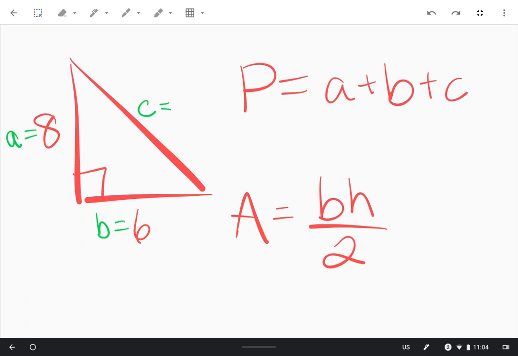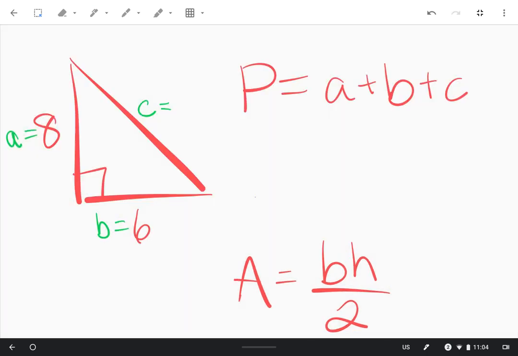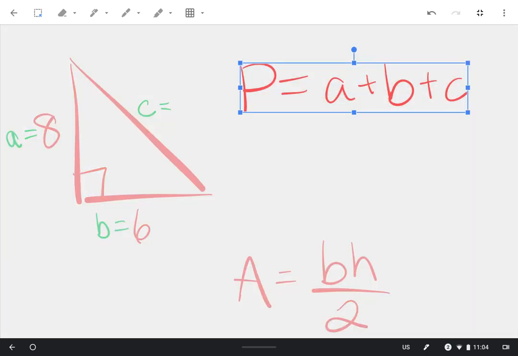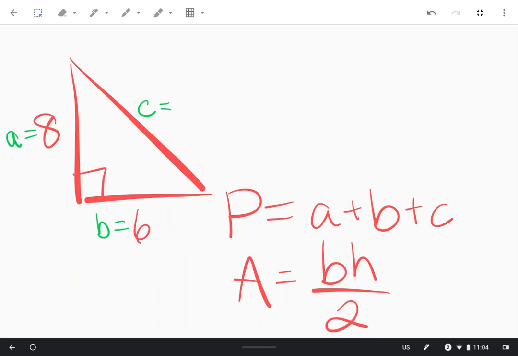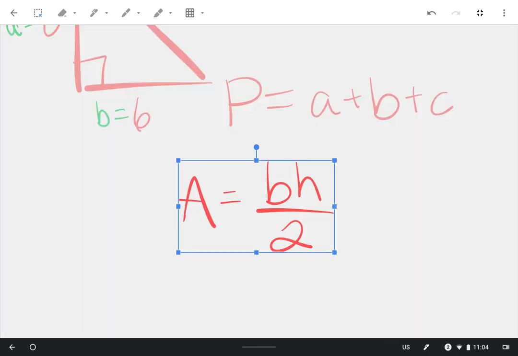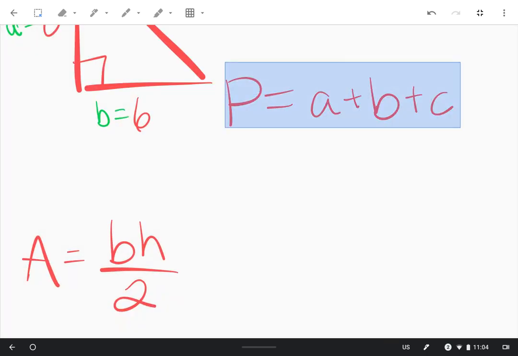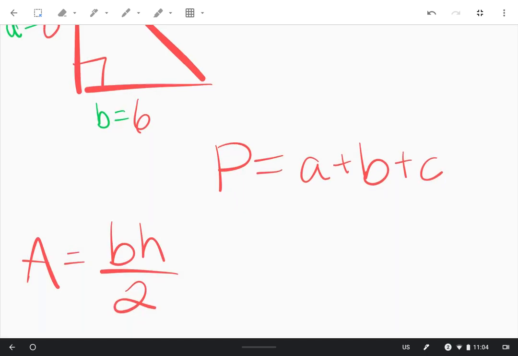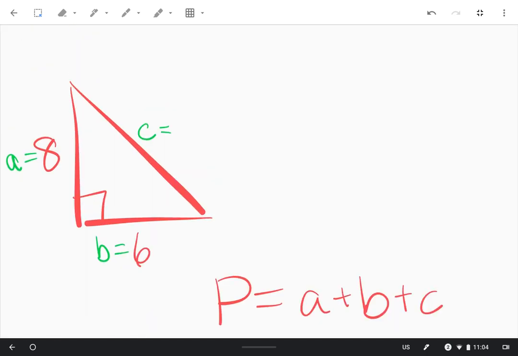So before we even get to doing the perimeter, I'm just going to move all this down. We actually need to find the value of C first.